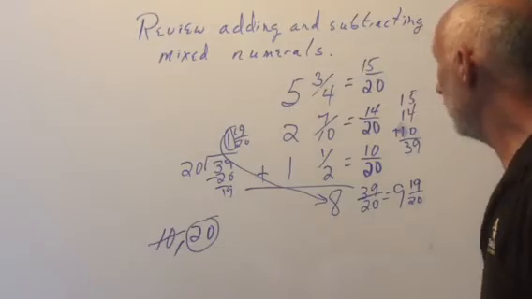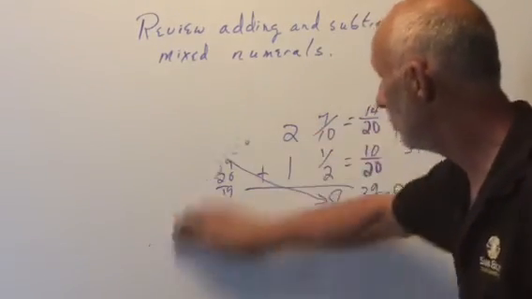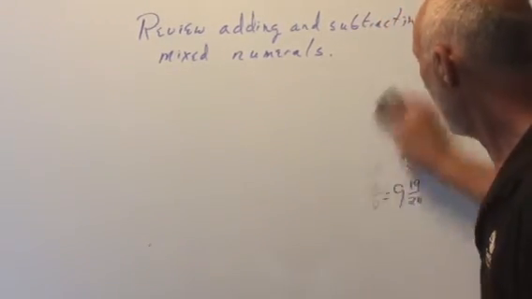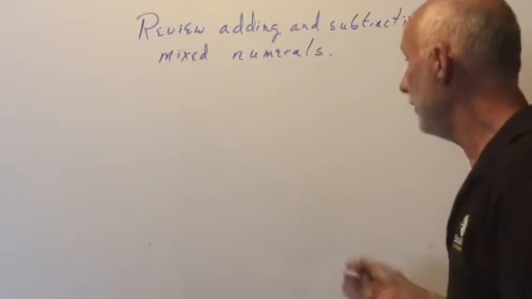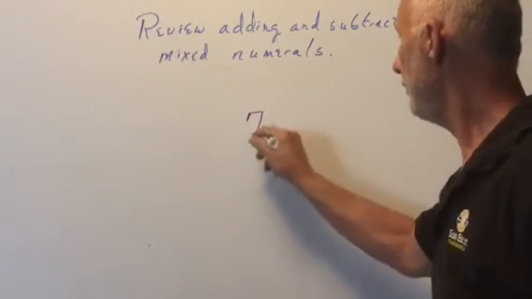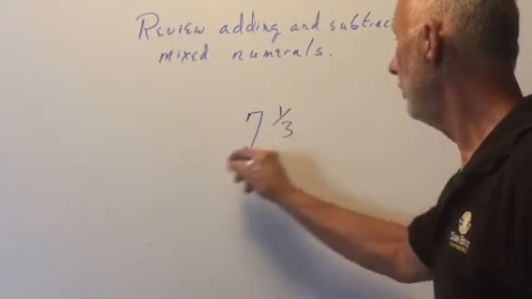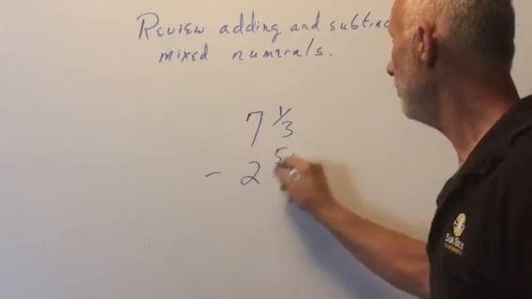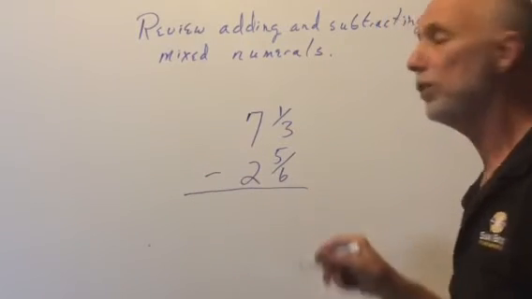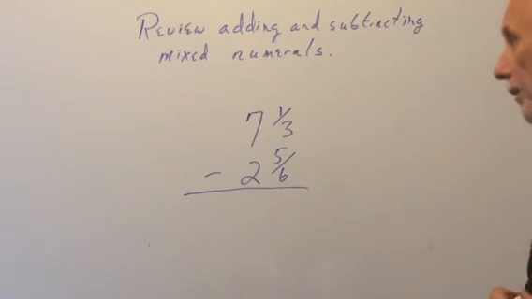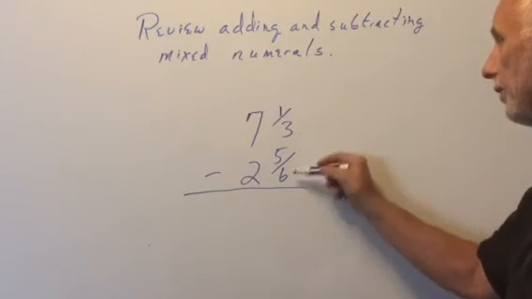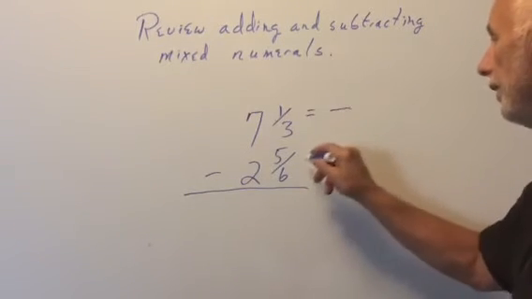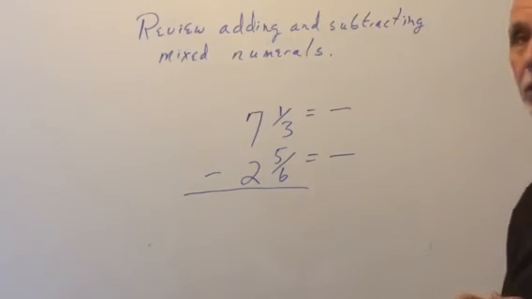Now, let's look at how to subtract mixed numerals. If I had something like this, 7 1/3 minus 2 5/6. Again, the first thing I have to do is find the common denominator. And to find the common denominator, I need a number that 3 and 6 both go into evenly, and I want it to be as small as possible.